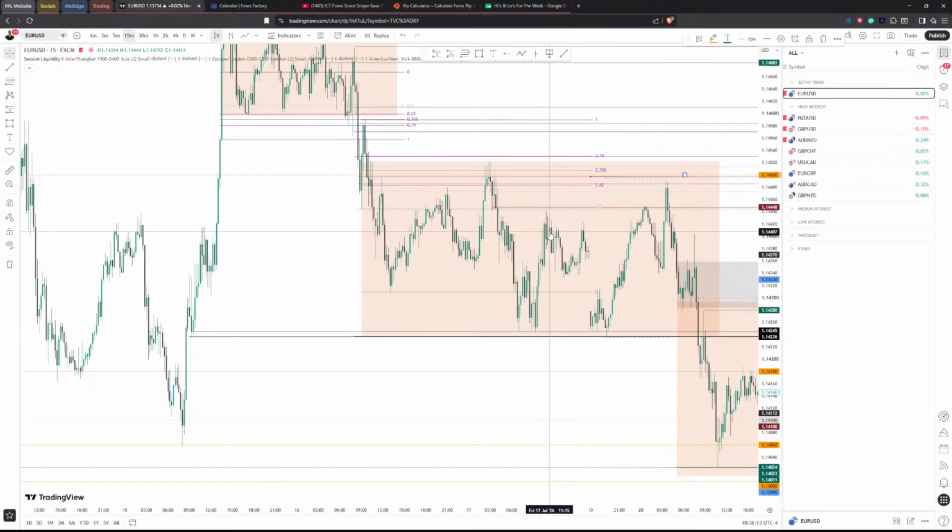Cool. Then we get a reaction from there. A false move upwards, close of the day. Then Friday. Okay, so then new week. We are still in the consolidation range.